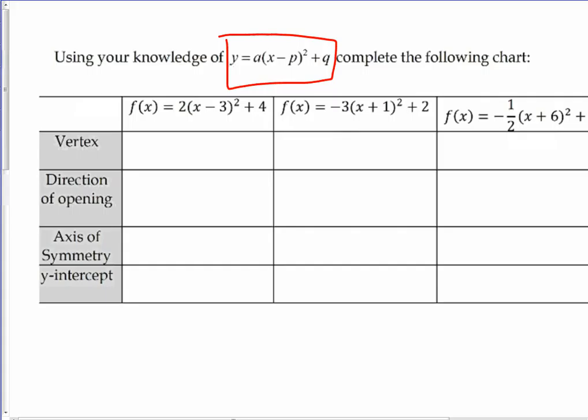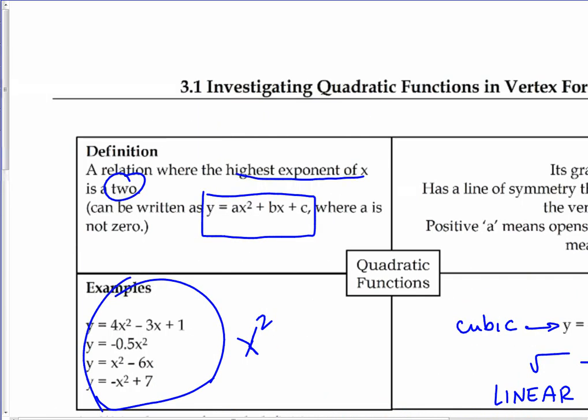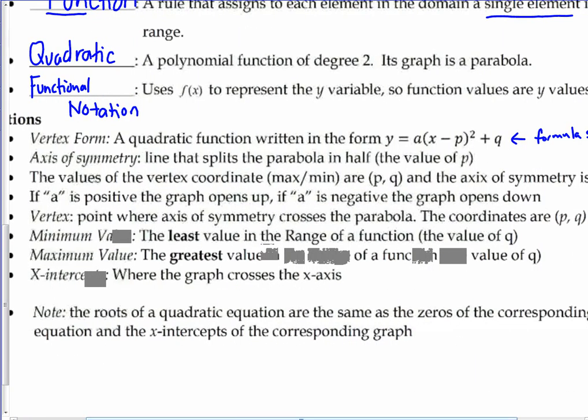What's the vertex for this first one? We're almost done, guys. I promise. What's the vertex? Okay, remember the vertex is always p comma q. So let's go back, because no one's answering. Remember that first page with all the definitions?